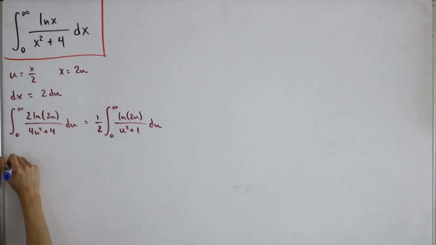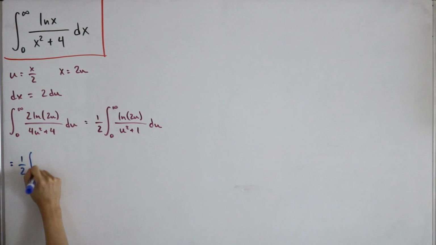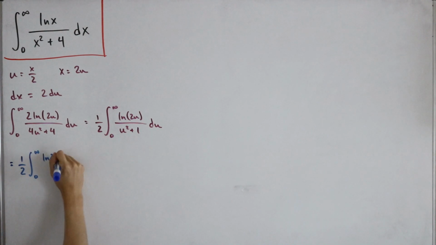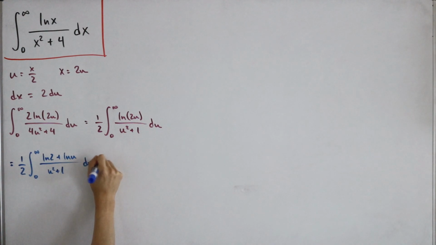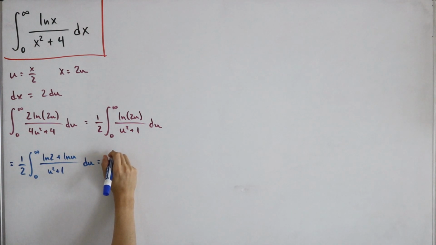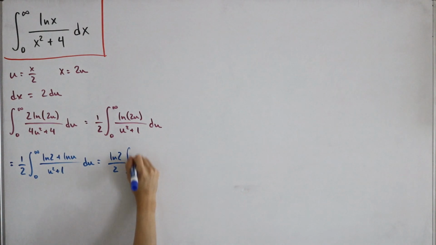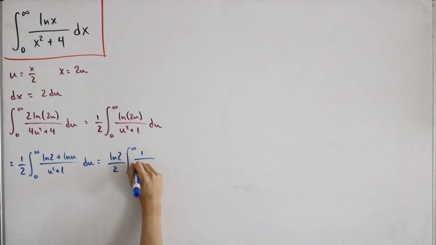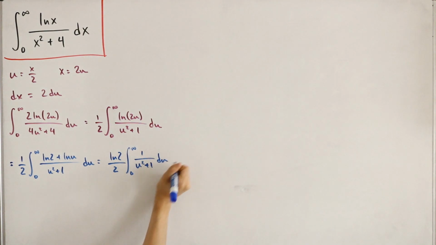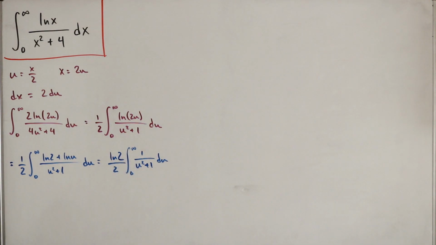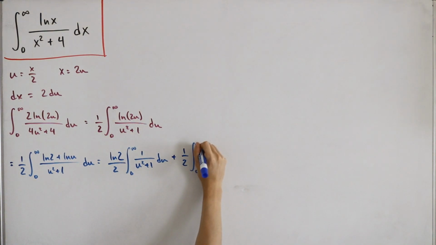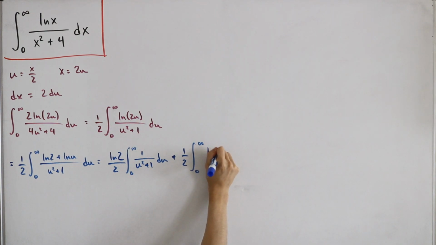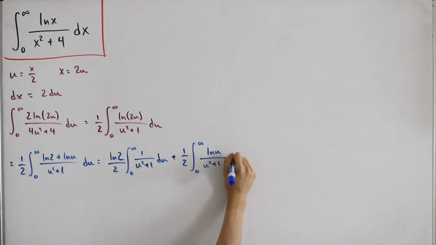So I write 1/2, then the integral from 0 to infinity of ln of 2 plus ln of u, divided by u squared plus 1, du. Rewriting yet again, ln of 2 is a constant, so I have ln of 2 divided by 2 times the integral from 0 to infinity of 1 divided by u squared plus 1, which is an antiderivative we know how to calculate. Then separately, 1/2 multiplied by the integral from 0 to infinity of ln of u divided by u squared plus 1, du.